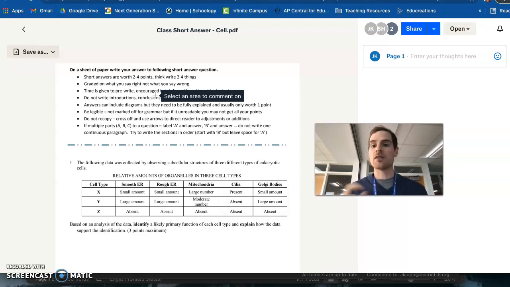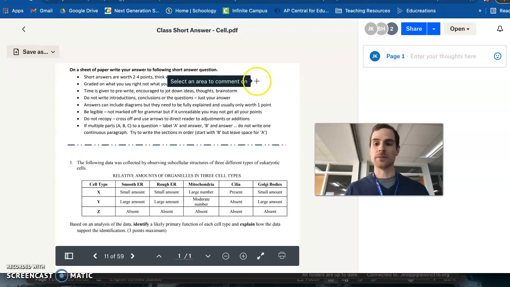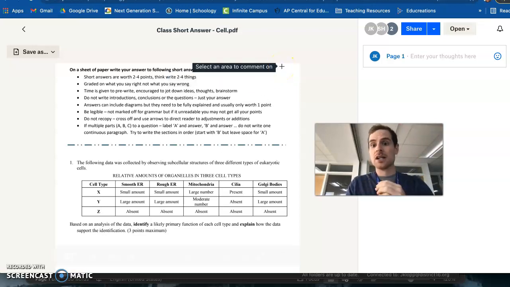However, if it is a question that says list 3 things that pertain to the cell structure, and you list 6, they will only take the first 3. I am only going to take the first 3 too. So keep that in mind. You can add extra, but if it says list something, they'll only take the first 3.